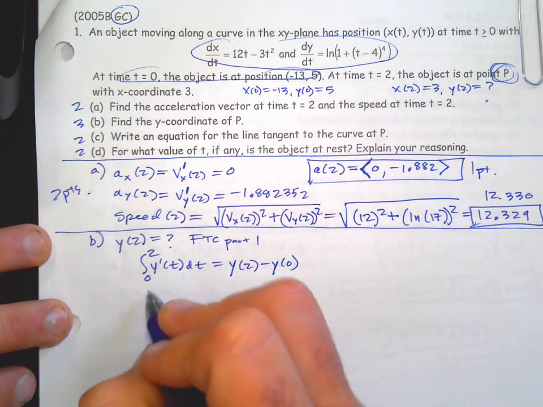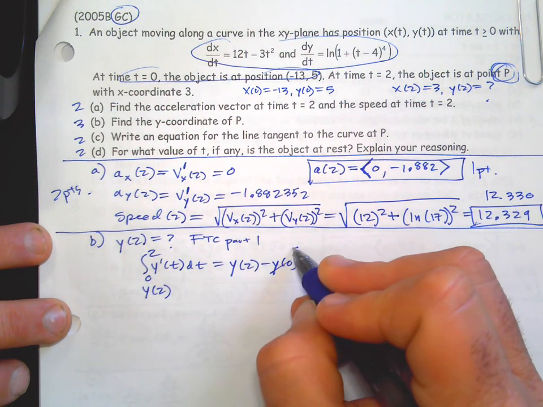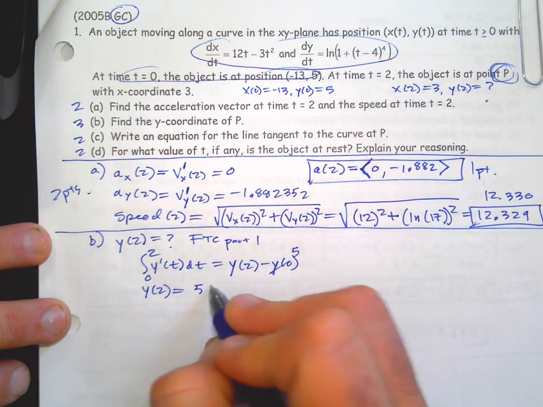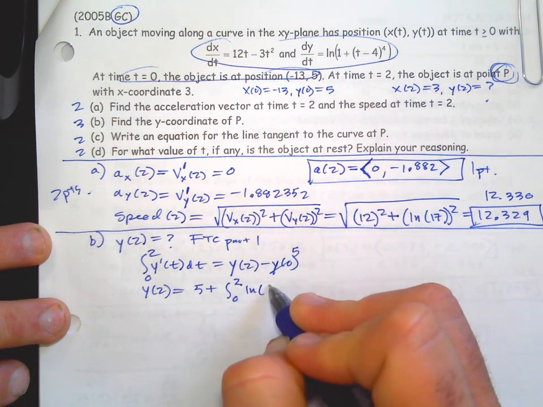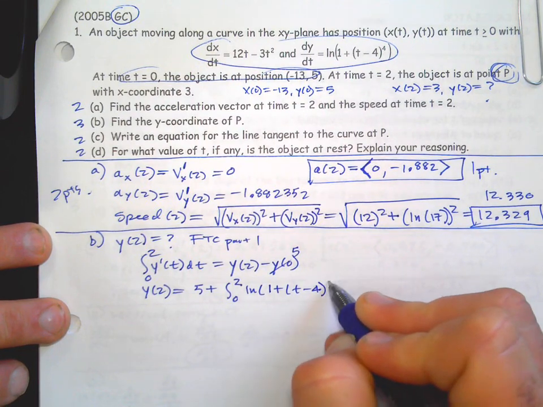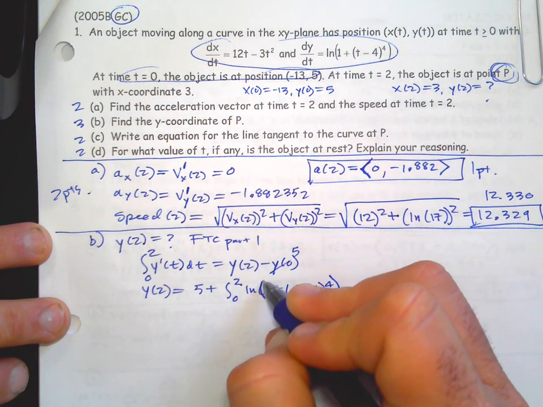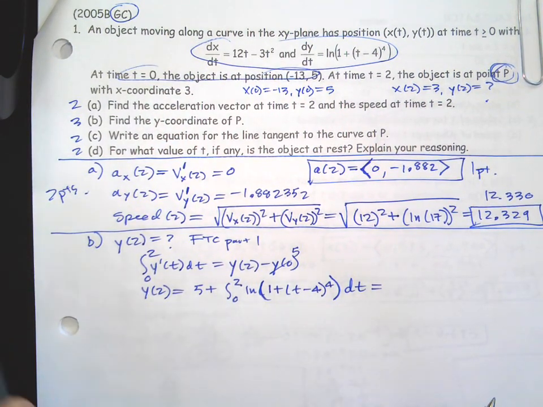So I just always start with that. So y2, y0 was 5. So y2 is going to be 5 plus the integral from 0 to 2 of natural log of 1 plus t minus 4 to the fourth dt. So that's my setup, which is probably worth a couple points.